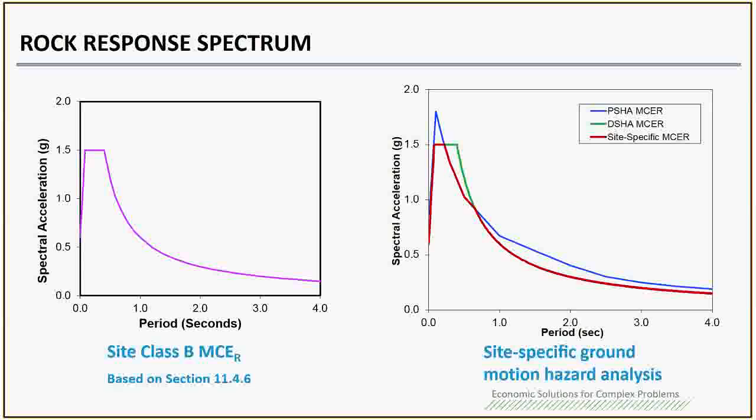The red one will be the site-specific spectrum from the Section 21.2 approach. For this example, this approach gives you a smaller rock spectrum at a period range from roughly 0.2 to 0.7 second.